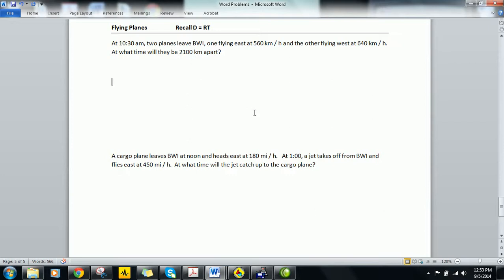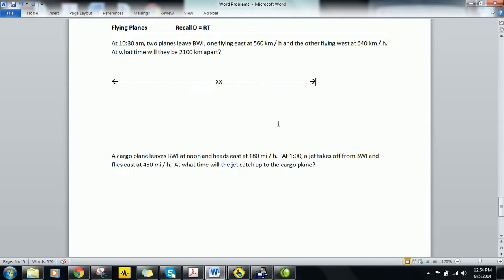So I'm going to start with a diagram, and it's kind of hard to do, but one plane's going that way. That's where they leave from, and the other plane's going this way. They're leaving at the same time. The question is, when is this total distance 2,100 kilometers?